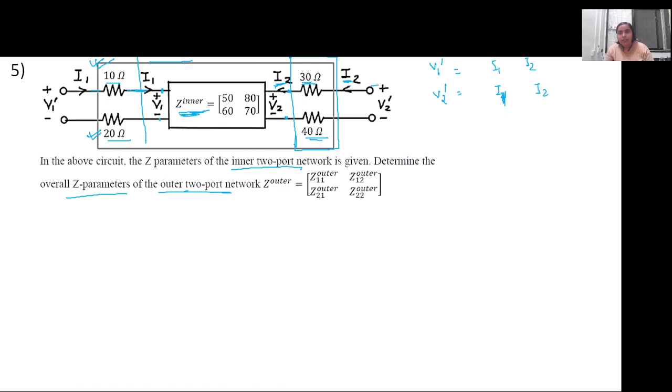In order to get this Z11 outer, Z12 outer, Z21 outer and Z22 outer, we have to figure out this equation in order to get this matrix. Since we have solved one problem similar to this, when something is connected towards the input and output, can anyone suggest how we are going to solve this?